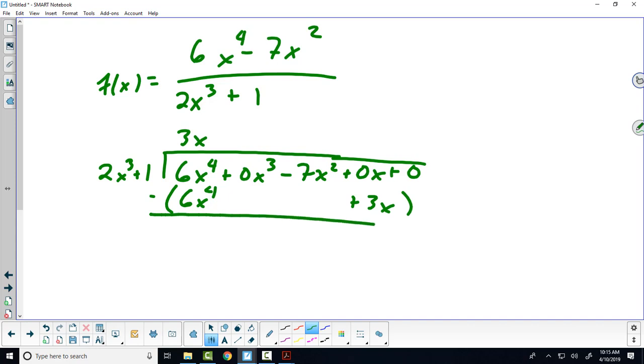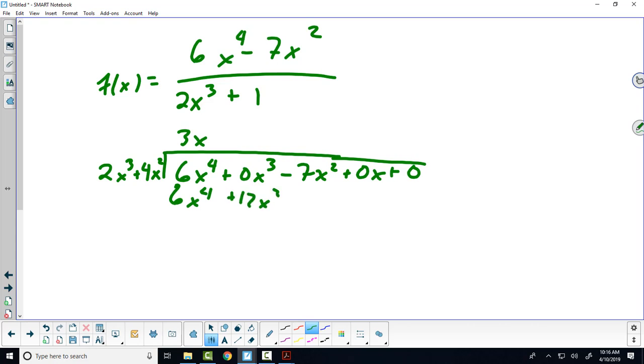We subtract down. In fact, let me change this once more. Let me make this plus 4x squared. So when I do this, we have 6x to the 4th plus 12x cubed. I then subtract this down. I get minus 12x cubed.